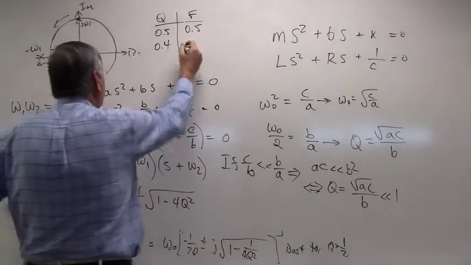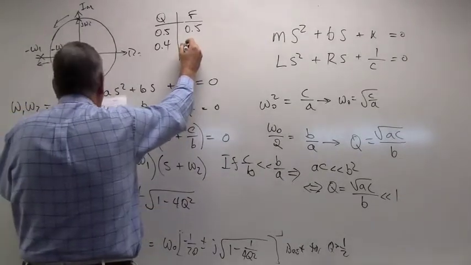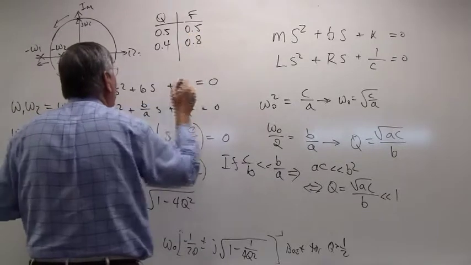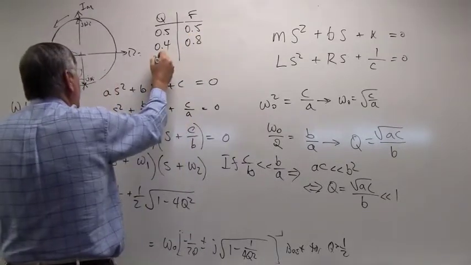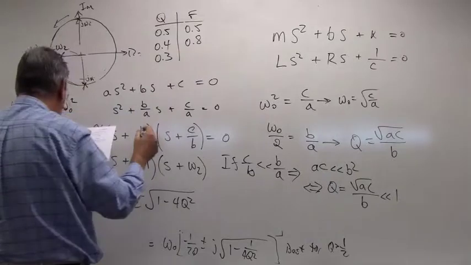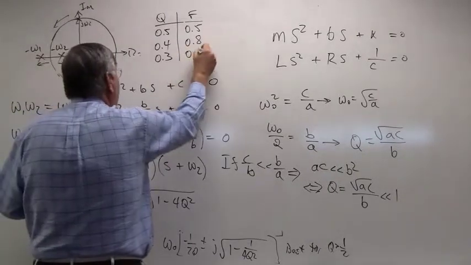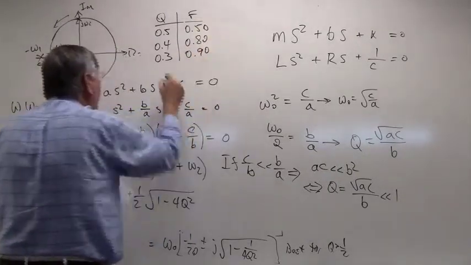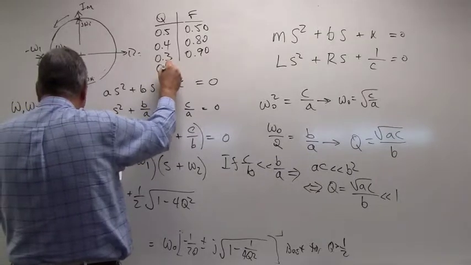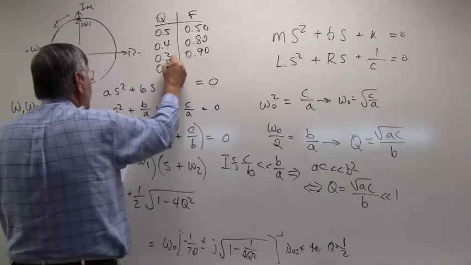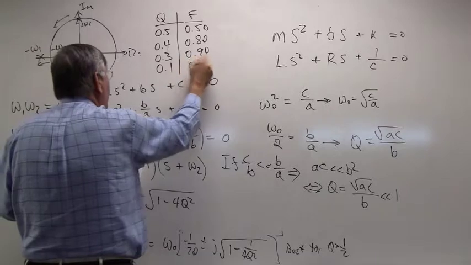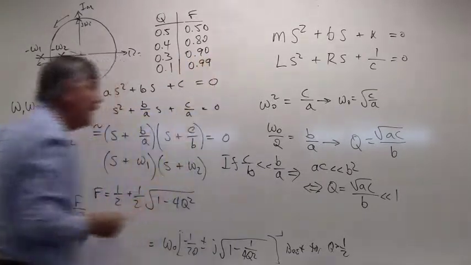This number's getting pretty close to 1, and f is already up to 80% of its final value. When Q gets down to 0.3, f is 0.9, and these are exact. When Q gets to 0.1, I skipped 0.2, but when Q gets to 0.1, f is right at 0.99.